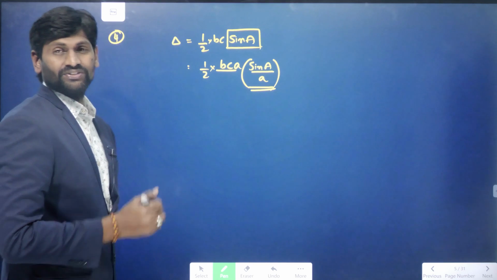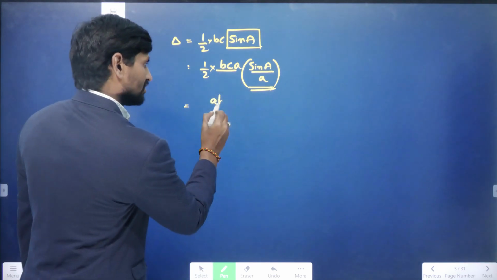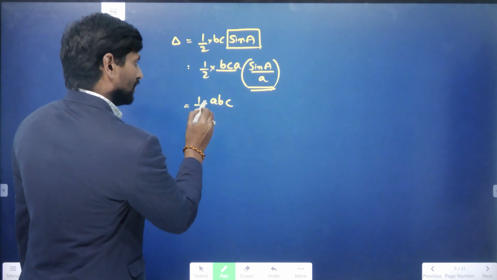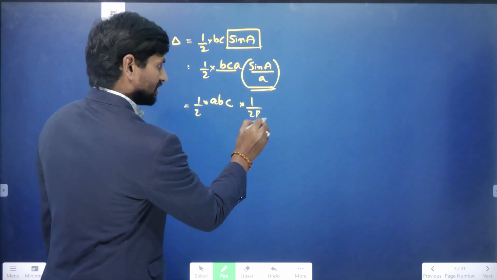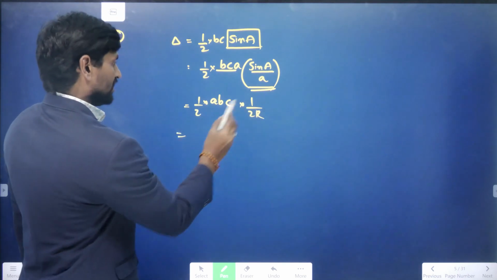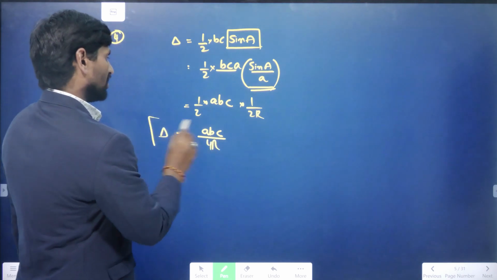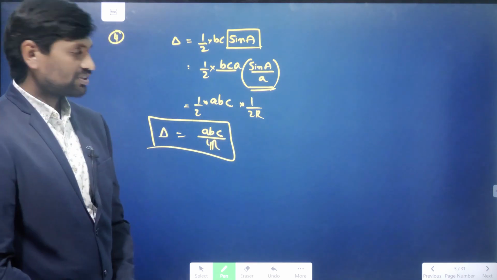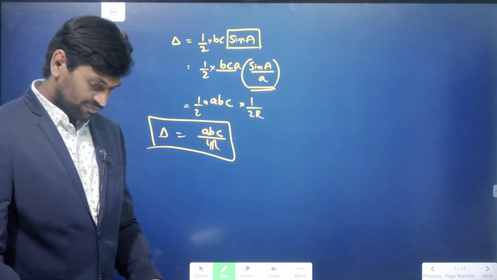A by sin A is equal to 2R. But the sin A by A value is 1 by 2R. So ABC into 1, ABC, 2R into 2, 4R. So this is the formula for triangle ABC, that is, the triangle is equal to ABC by 4R. So that is the option for the fourth one.